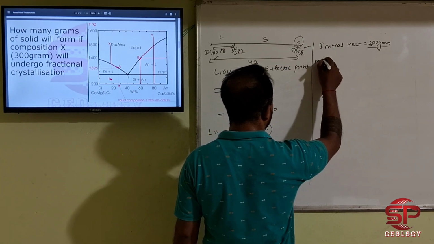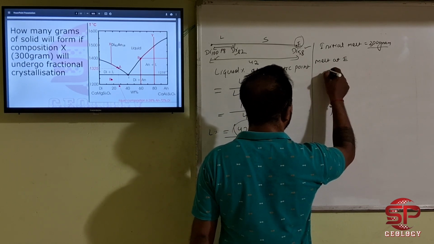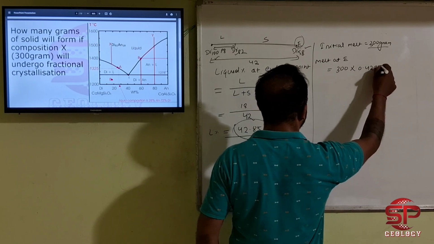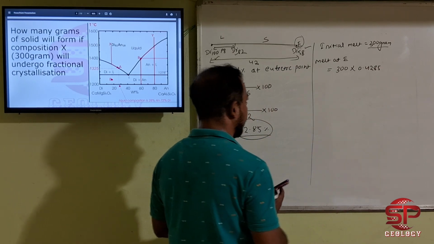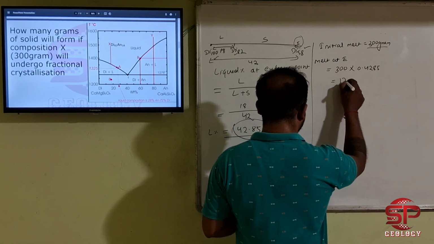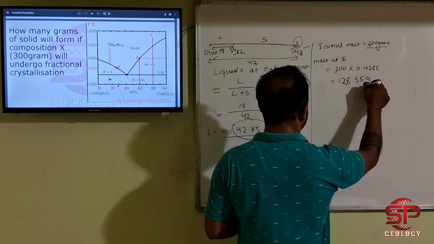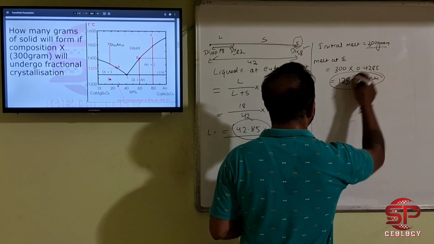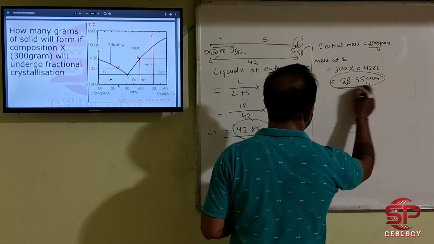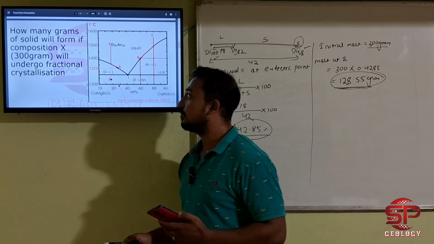So melt at the eutectic point will be 300 into 0.4285, which is 128.55 gram. So this much melt is present at the eutectic point, and this is the last melt. So this much solid will form after completion of fractional crystallization.